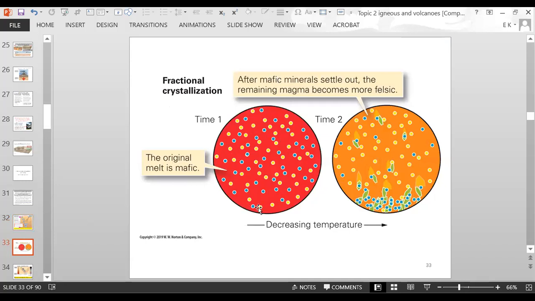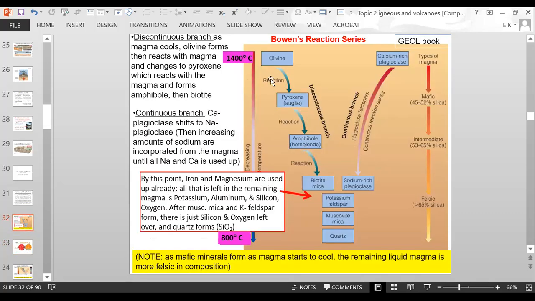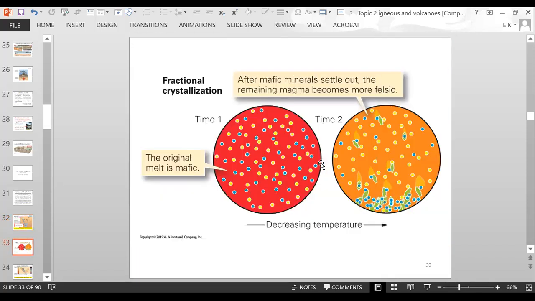The original mafic magma, and then as you go on in time and you decrease the temperature by cooling the magma, some of those minerals that formed are actually going to fall to the bottom of the magma chamber. That leaves the rest of the liquid magma more felsic, because you're removing the more mafic components and incorporating them into the solid crystals that form.